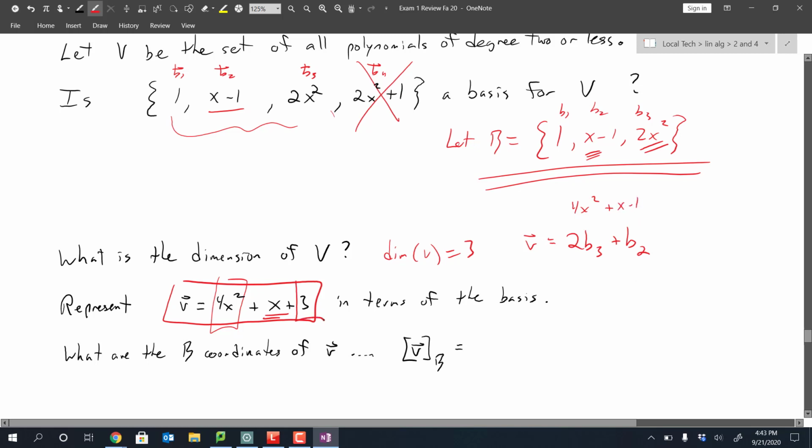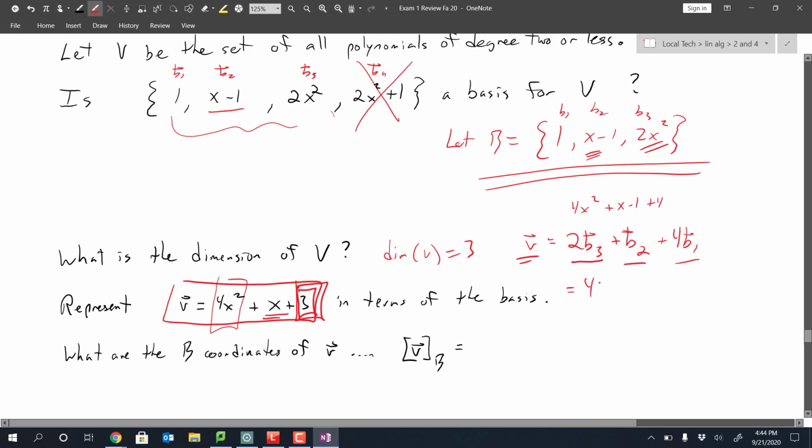I need to get my constants down to a value of 3, which means I'm going to have to add 4 of the B1s. And the result will be this vector v that I'm looking for, 4x squared plus x plus 3. So I can form this vector as a linear combination of the basis vectors.